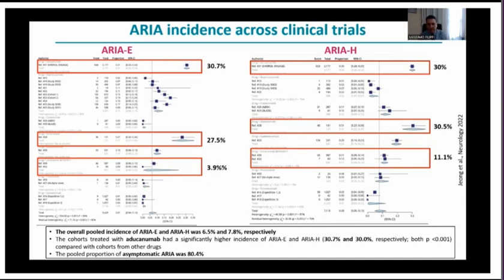At any rate, the overall pooled incidence of any sort of ARIA is around 6 to 8% respectively. So ARIA-E is around 6, ARIA-H is around 8. As I said, it is much more frequently seen in people treated with aducanumab, but the vast majority of ARIA, more than 80%, is asymptomatic.